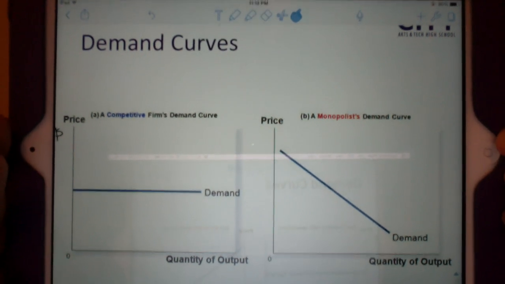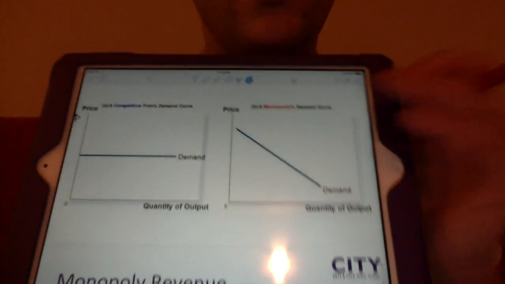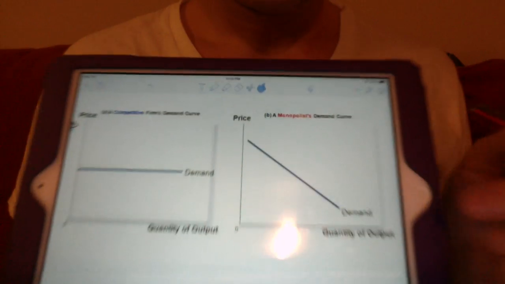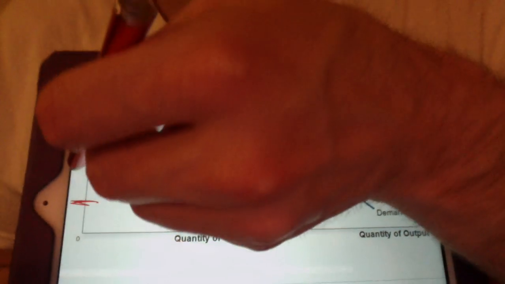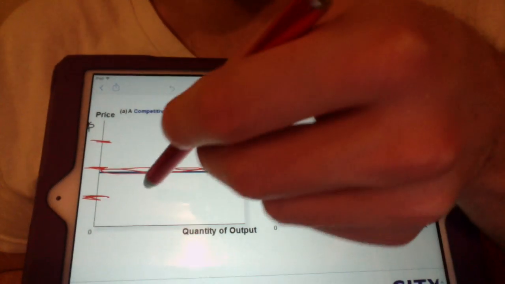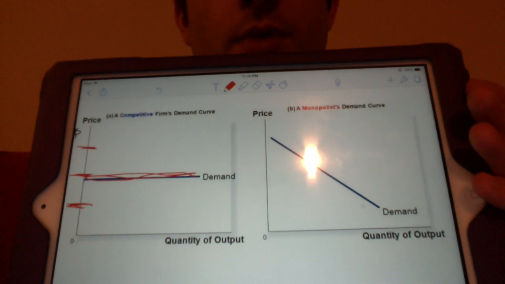You have a perfectly elastic demand curve where if price changes at all from this line right here, we're not going to get anything. So if we sell at this price, we're not going to sell anything. If we sell at this price, we can make more money, and we should move up to here. So this is the equilibrium price, and the quantity is going to be determined by how much people want to buy, rather than price.